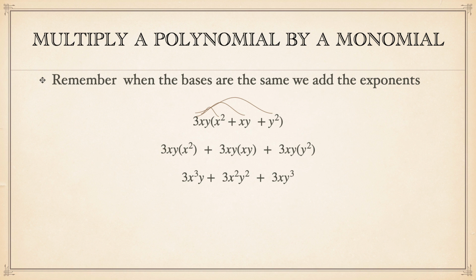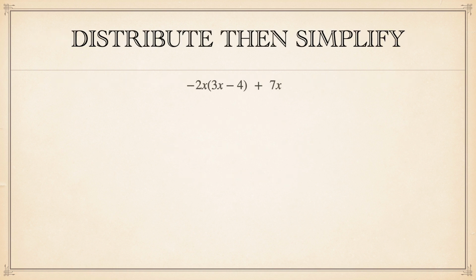Okay, so now let's step it up one more time. Look at this one. It says distribute, then simplify. All right, so notice I have the negative 2x times the quantity of 3x minus 4. Then I'm adding 7x to that.